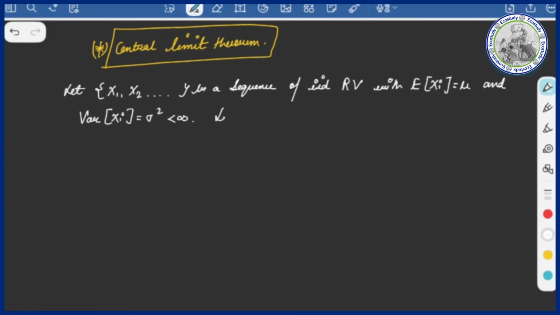And let Sn is equal to (x1 plus x2 plus ... xn) divided by n be the sample mean. Okay, it is a sample mean.